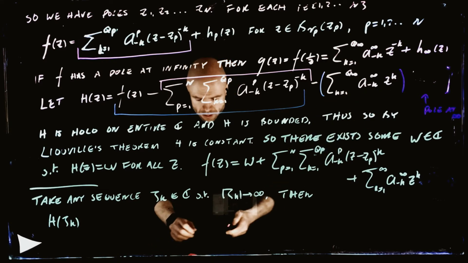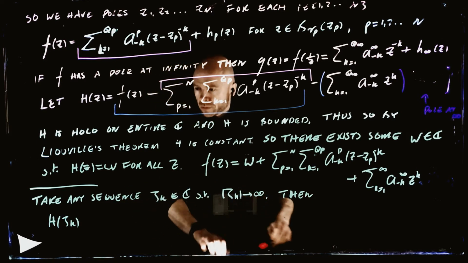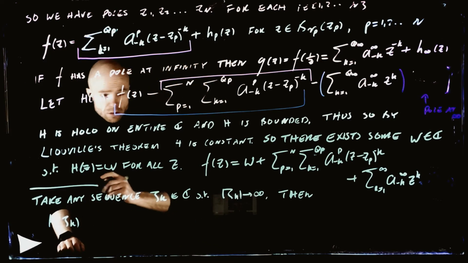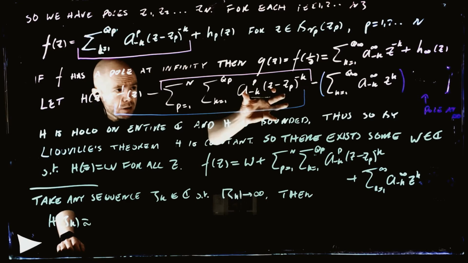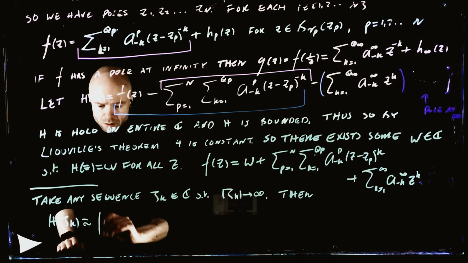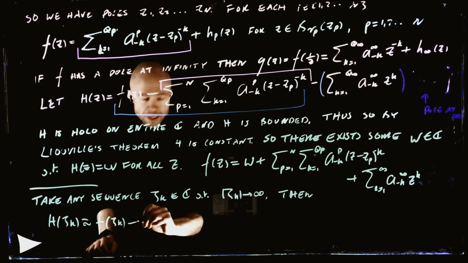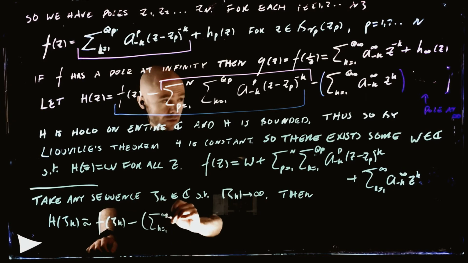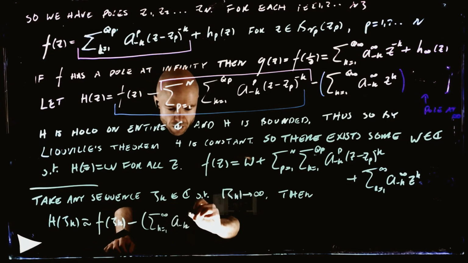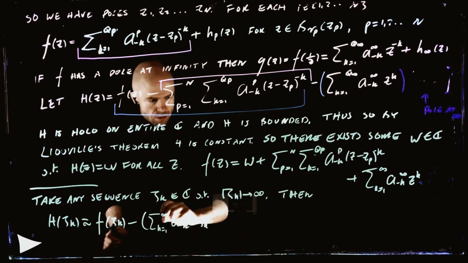So let's look at it. I'm going to write approximately because I'm just going to avoid writing this long expression. It's this, and then minus this thing.